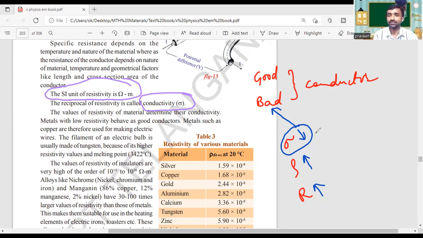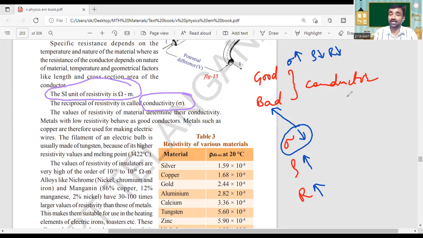Right? So for the best conductors, what do you require? Conductivity more, resistivity less, resistance also less. They are the best conductors. Resistivity less, resistance less, and conductivity more. So they are said to be good conductors.